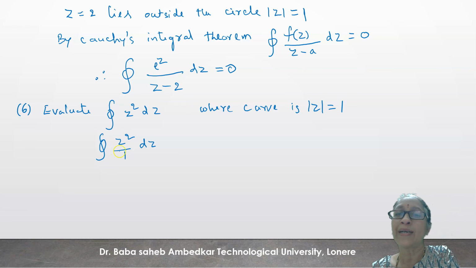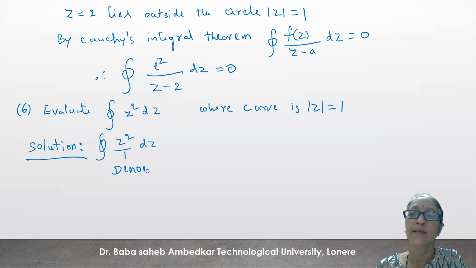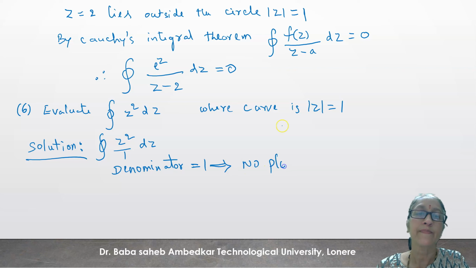So here the denominator is 1. What does it mean? If the denominator is 1, there are no poles.